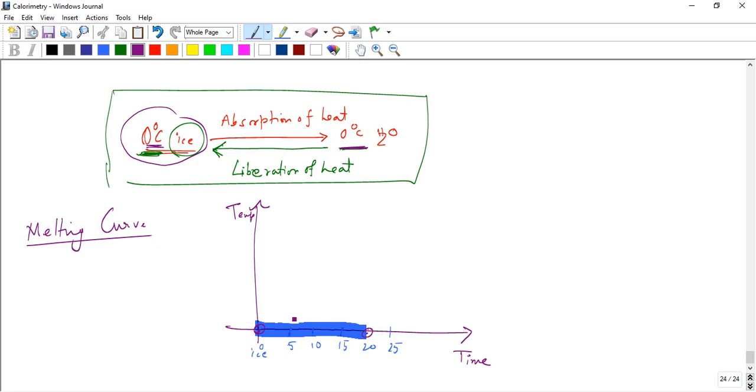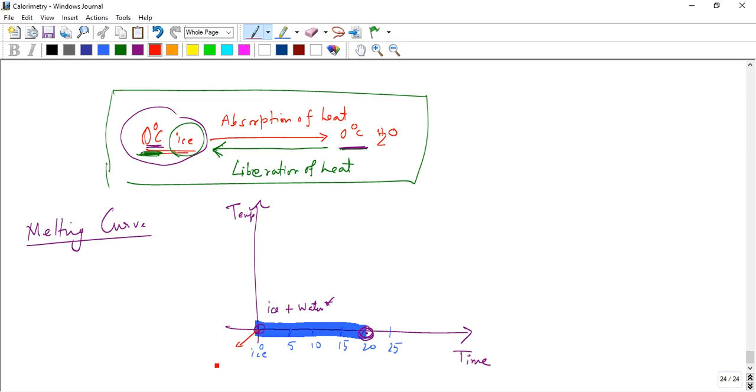Now, all ice means actually here the ice plus some water, because from time to time some small amount of ice is converted into water. At that point, at 20 seconds or 20 minutes, we see that all ice has converted into water.